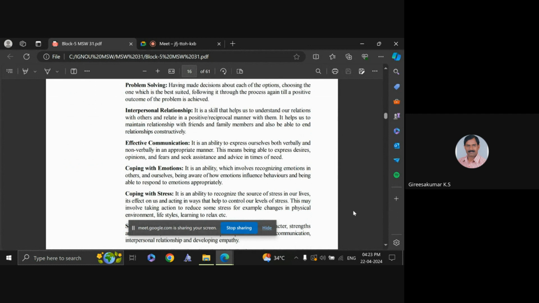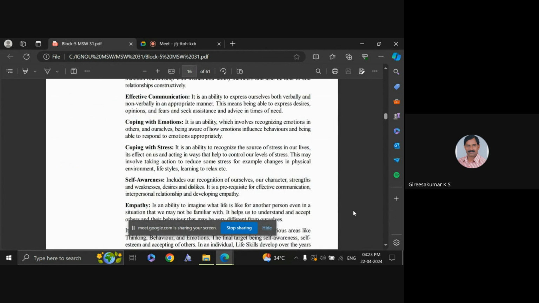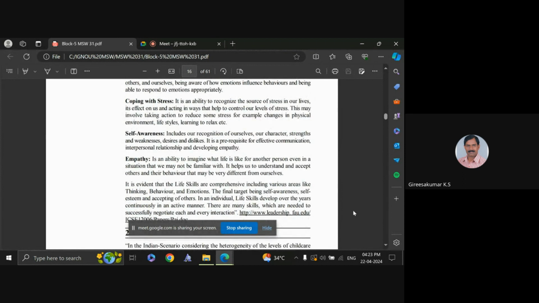These are all life skills: interpersonal skills, effective communication, coping with emotions, coping with stress, stress management. He has to manage stress also. Then self-awareness. We have a recognition of ourselves.